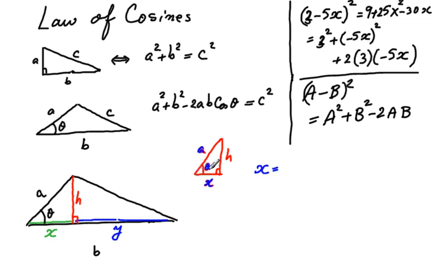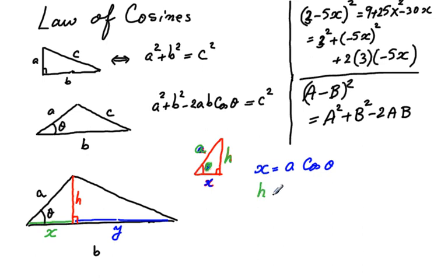What is X? X is adjacent to theta, so we have practiced this a few times. What is it in terms of A and theta? A cosine theta. Very good. How about doing this again, but this time with respect to A, this theta, and this H?